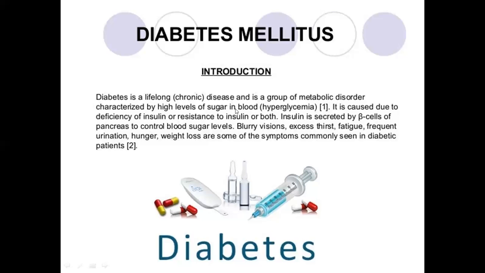This insulin is responsible for controlling and maintaining the blood sugar level. The symptoms of diabetes mellitus patients are blurry vision, excessive thirst, fatigue, frequent urination, hunger, weight loss, and some other symptoms.